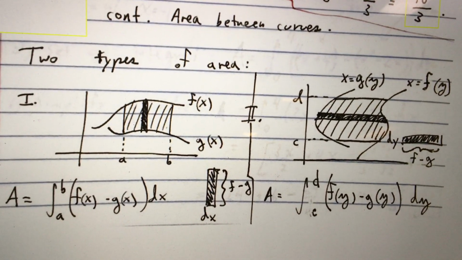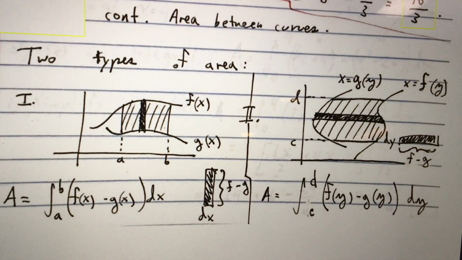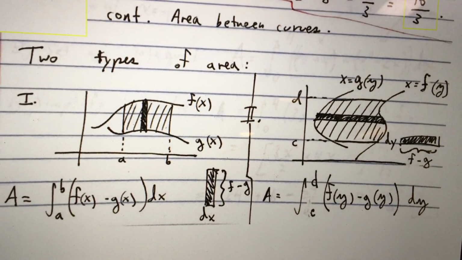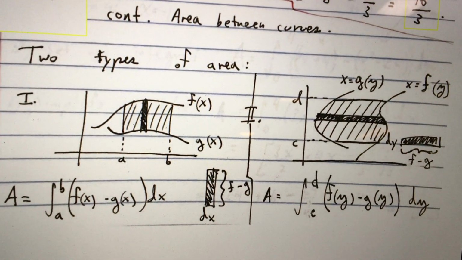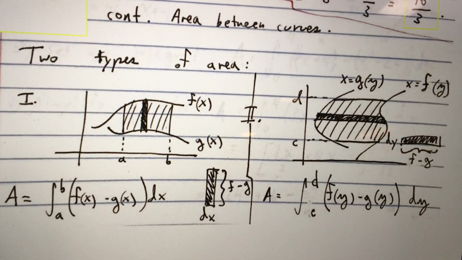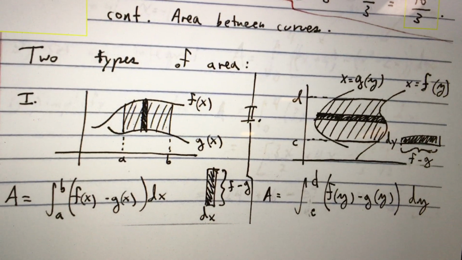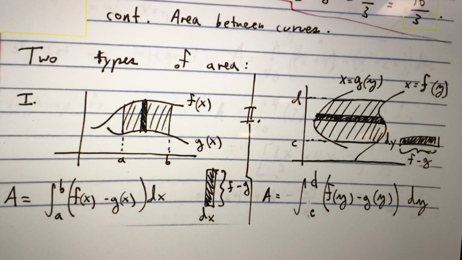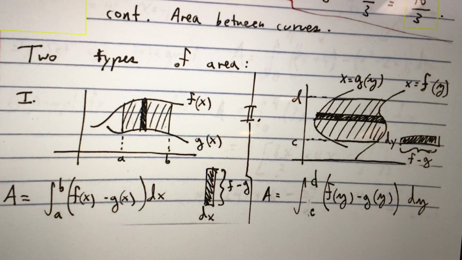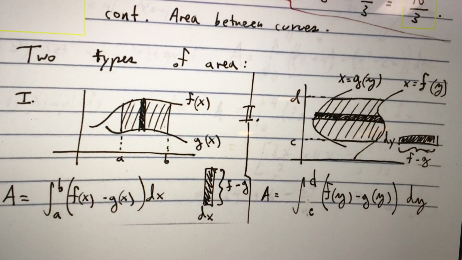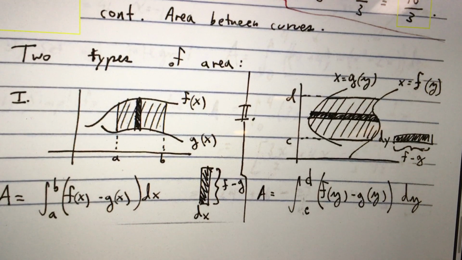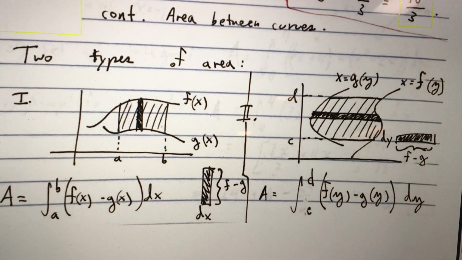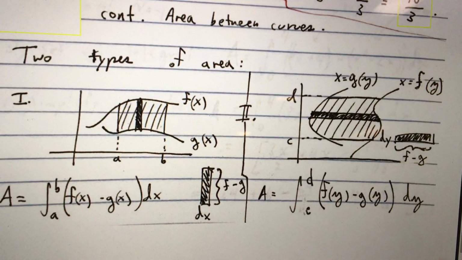So every horizontal slice of this area has the same left-hand piece, which is the g, and the same right-hand piece, which is f. And now, that means it's a type 2, and the thickness of the horizontal slice will be dy. The key feature is that every horizontal slice has the same curve on the left and the right.